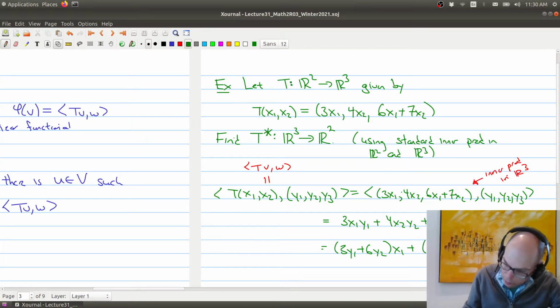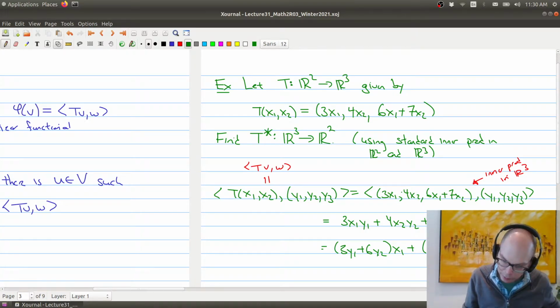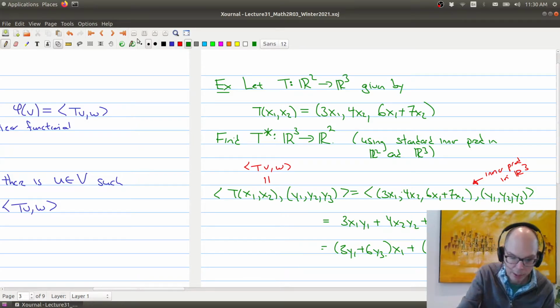This should have been a 3 as well. I apologize about that. So this is x2. I've regrouped it here. Before, it was something times y1 plus something times y2 plus something times y3. But instead I'm going to write it as something times x1 plus something times x2.